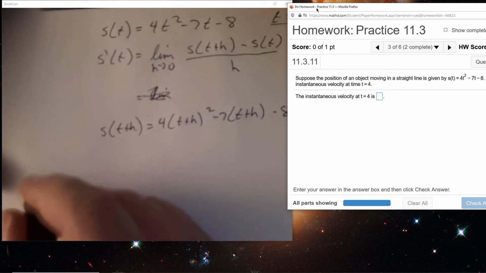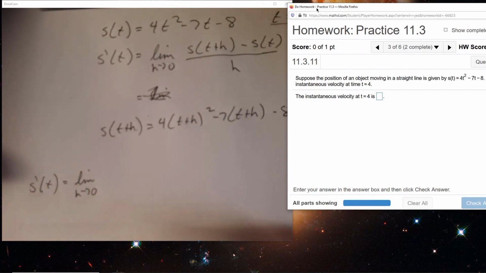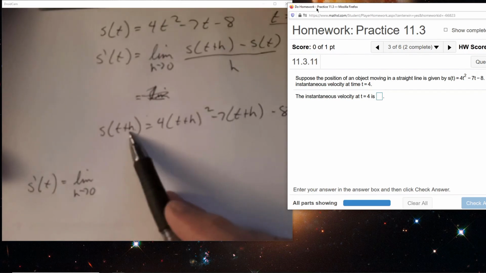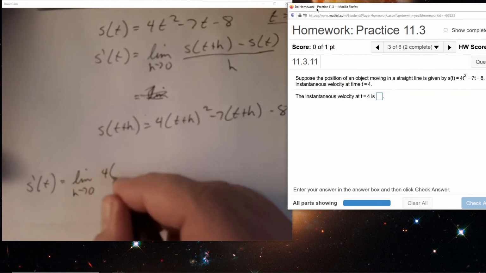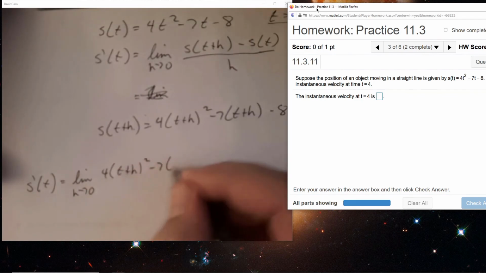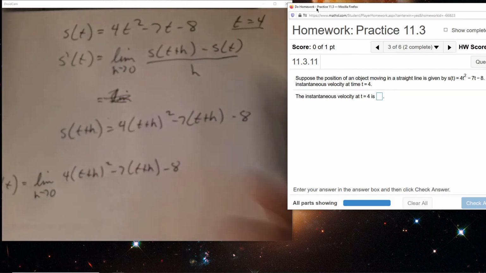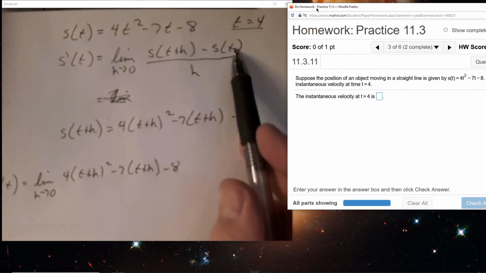And actually, I'm going to give myself more space on this. So s of t plus h is all this stuff. And now the definition says subtract off the original function.